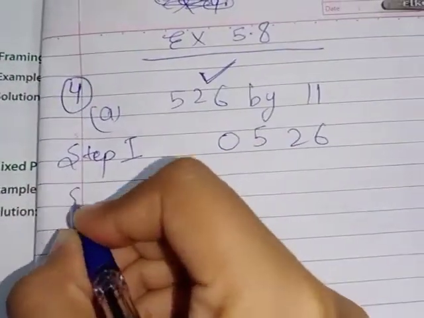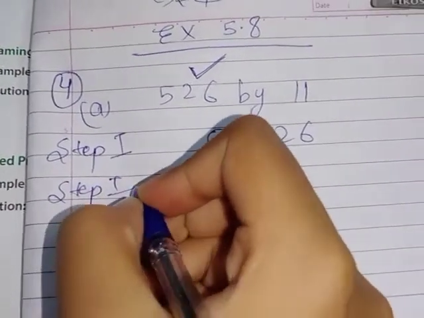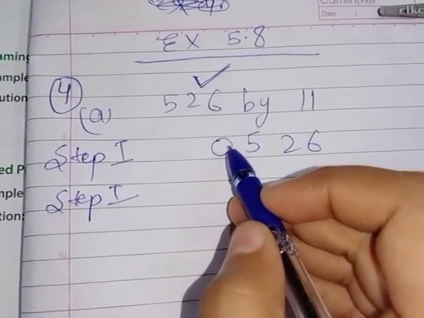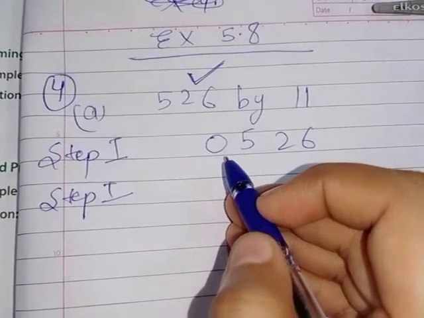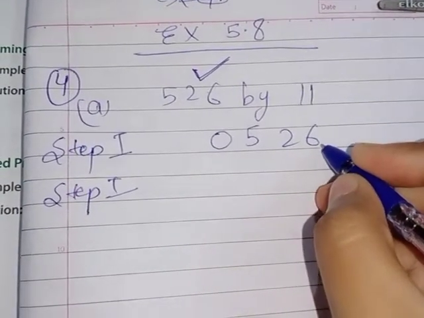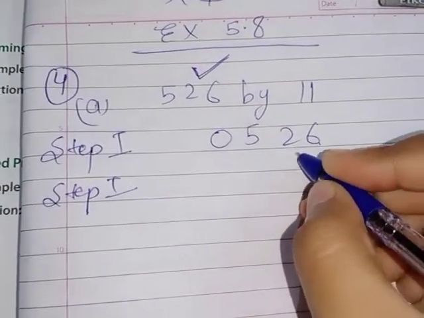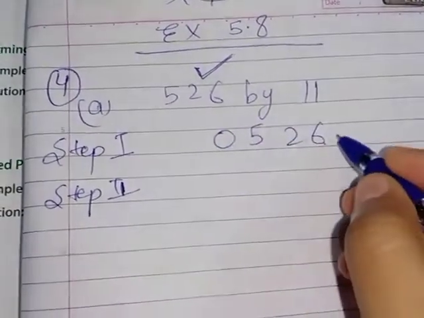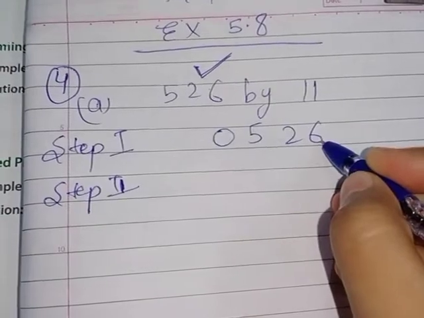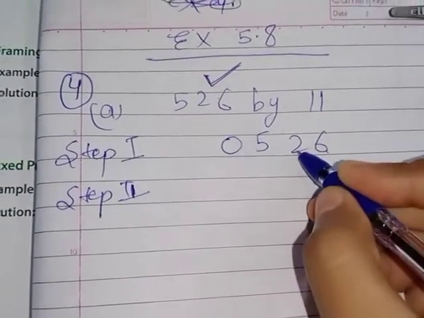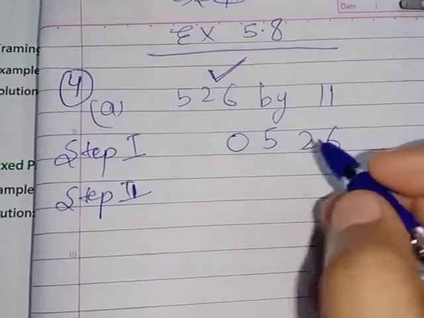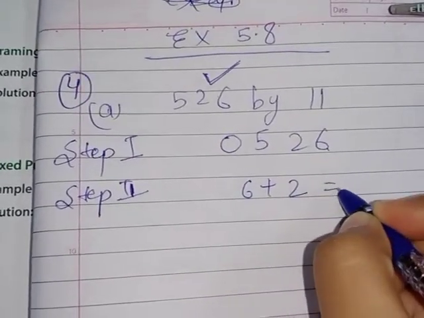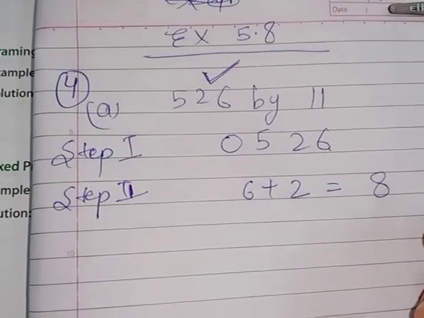Now the second step: after writing that 0, starting from the ones place we will go on adding. How to add? The ones place number we add with the tens place number, that is 6 plus 2. We will get 8. Got it?